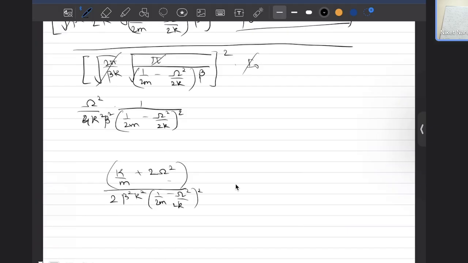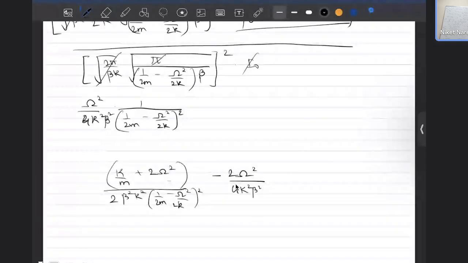So when I do this negative minus, I have to basically take a 2 here, take a 4 here. Okay, let me do this more systematically. There's a 2 omega square here, minus omega square divided by 4 kappa square beta square.